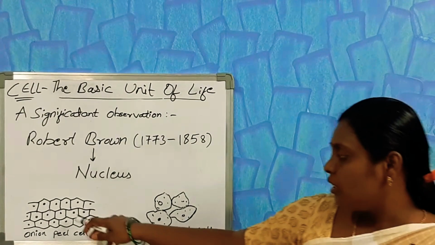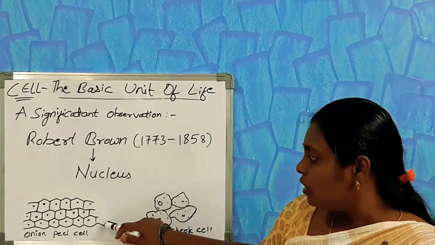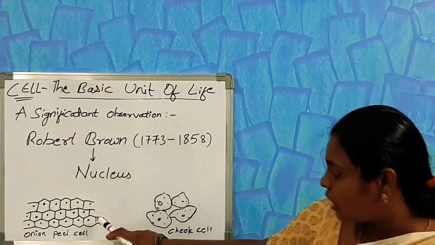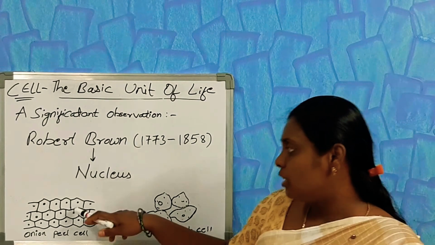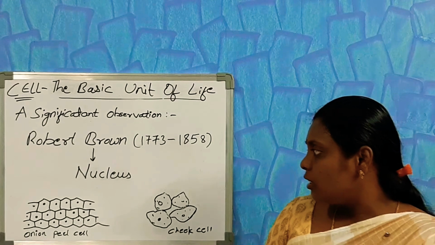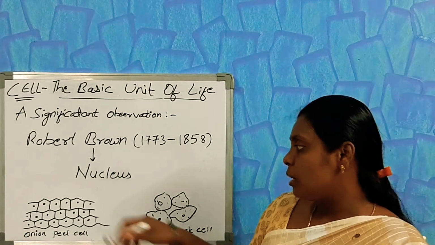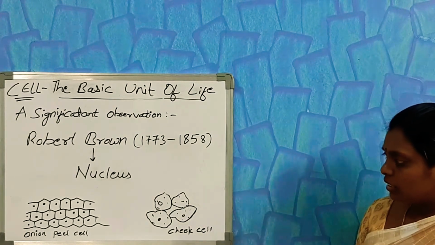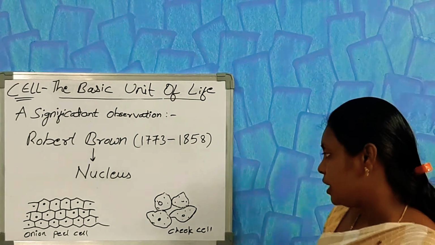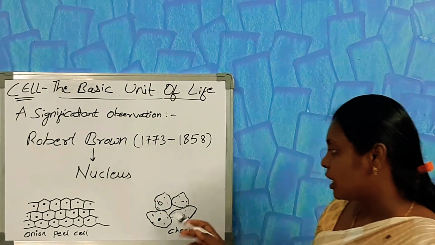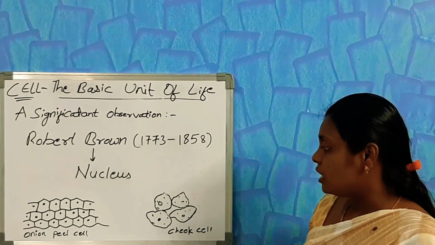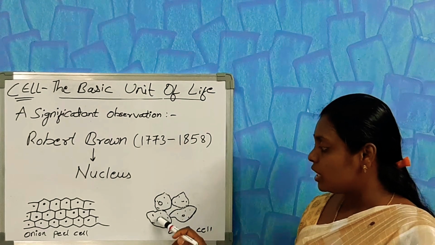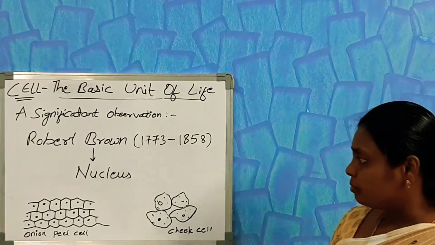In this, the cells are rectangular and the nucleus may be towards the periphery. Whereas in the cheek cell, the cells are not placed together. You can see some gap between the cells and the nucleus is present in the center.